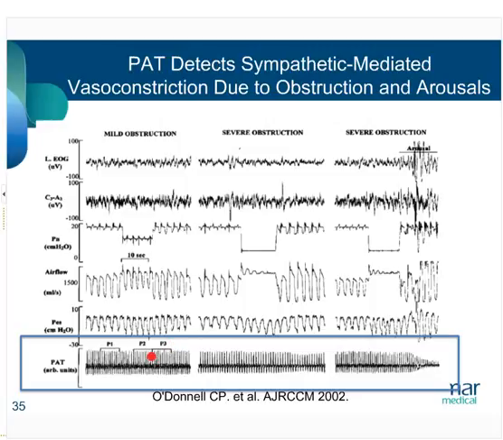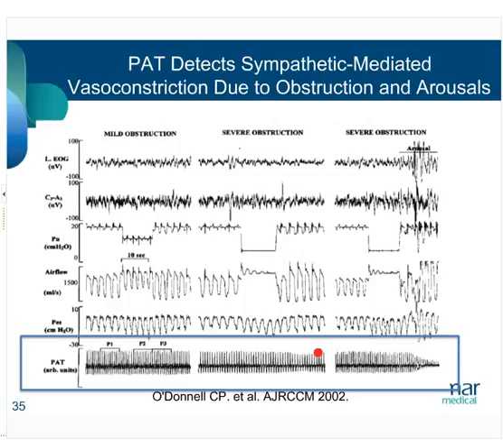You go to a more severe obstruction, and you see you have apnea here. Here you have a little bit of decrease in airflow, but here you have a true apnea. And you'll see in this event here that subsequently you see a little bit of PAT signal attenuation. So here we're normal.